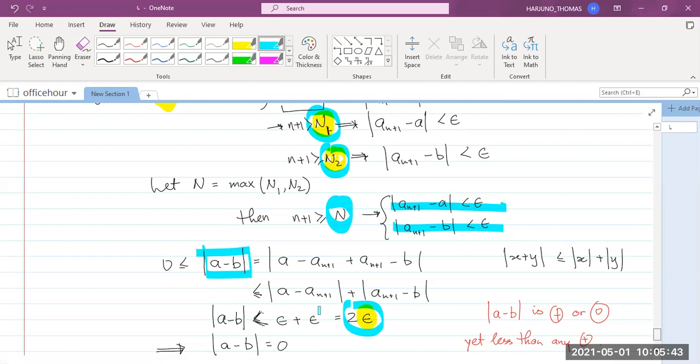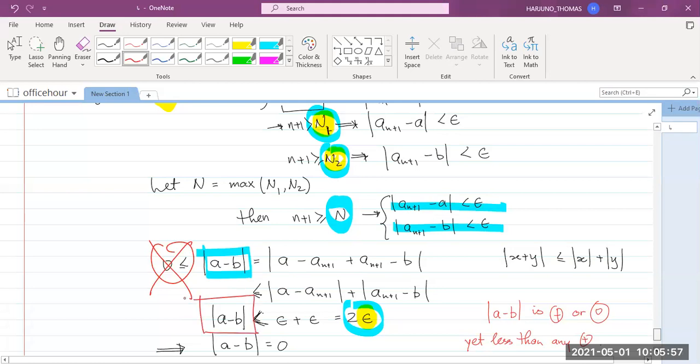Now the thing is, if I did not write this part here, then the thing here may be negative, right? What is the number less than every positive number? It's 0 or negative. So limit it below by 0, push that down to only 0.